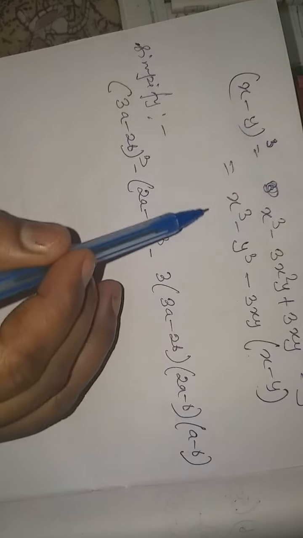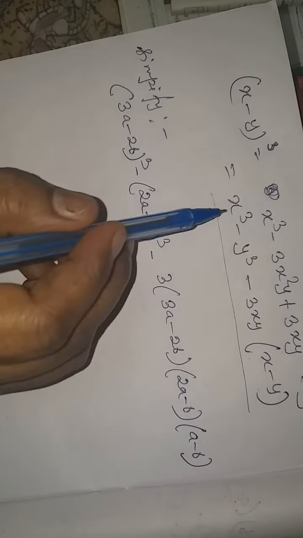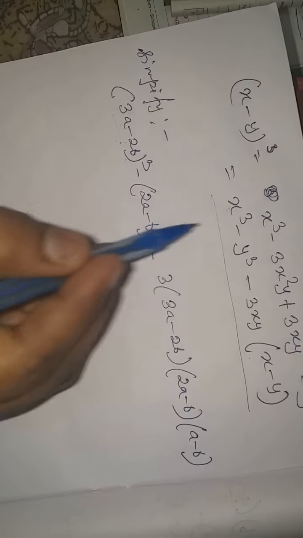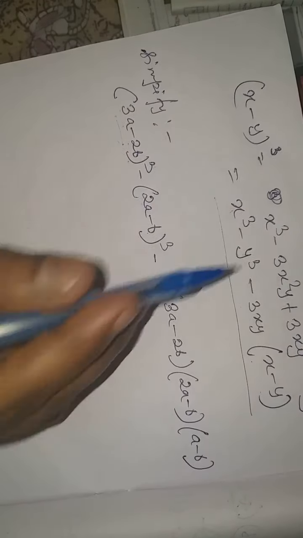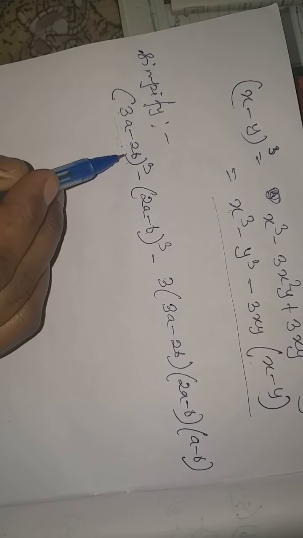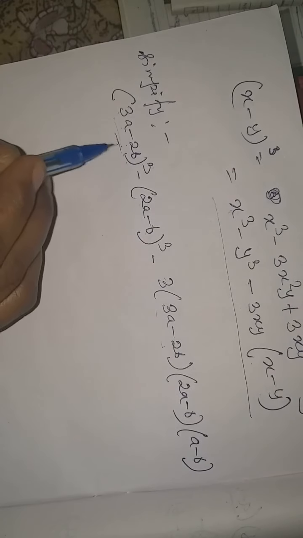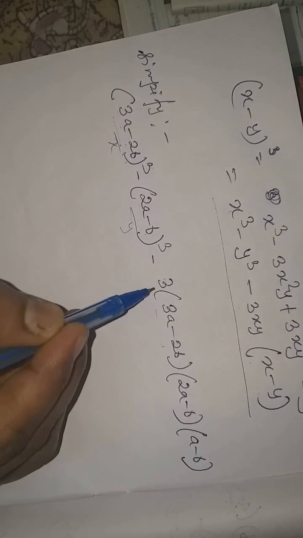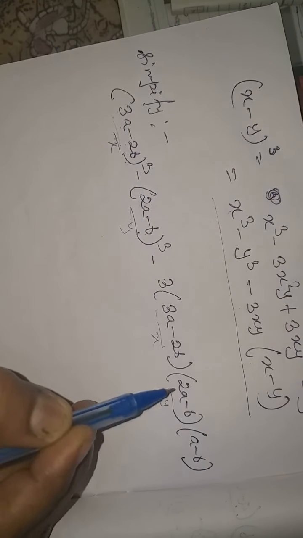Now if you see, the problem is more or less in this form. Here this is x, which is 3a minus 2b, and 2a minus b is y, minus 3, x is 3a minus 2b, this is y, this is 3xy, and this is x minus y.